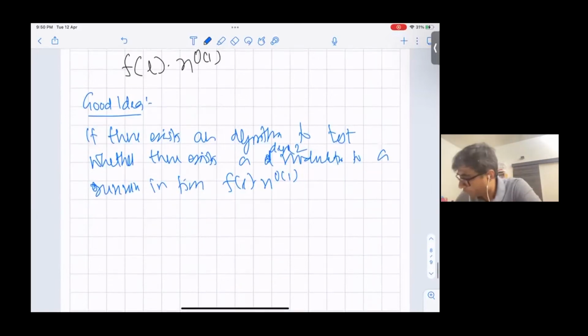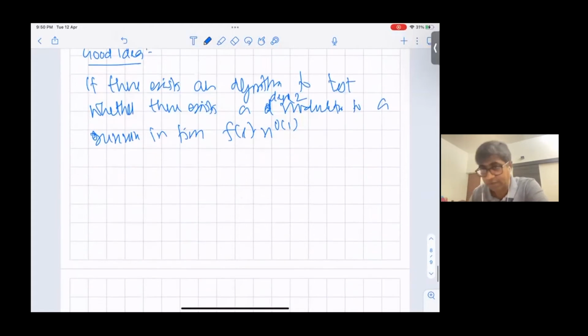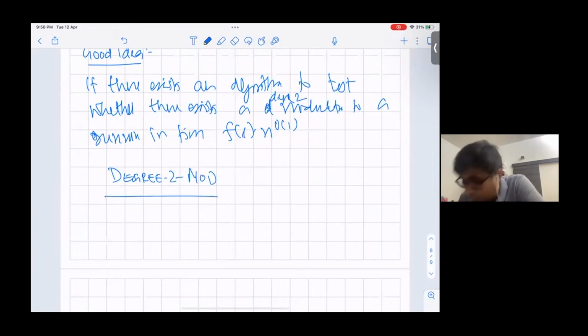So what will this algorithm do? What is he saying? If the following problem is FPT, let's write it down. Degree 2 modulator problem. What is the degree 2 modulator problem?